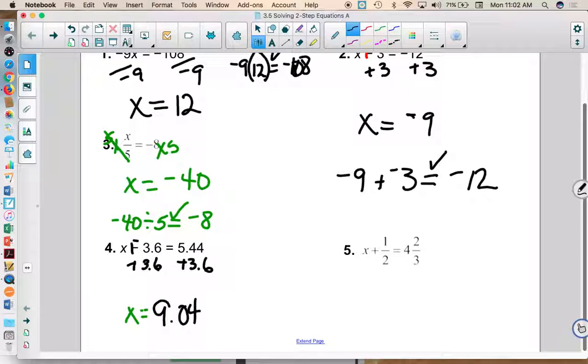Line up those decimals. Again, for the last one-step equation, x plus 1/2 equals 4 2/3. What is the value of x? Tanner, have you given me one yet? No, and the answer is 4 1/6. Why? Because 4 2/3 minus 1/2 is that answer.